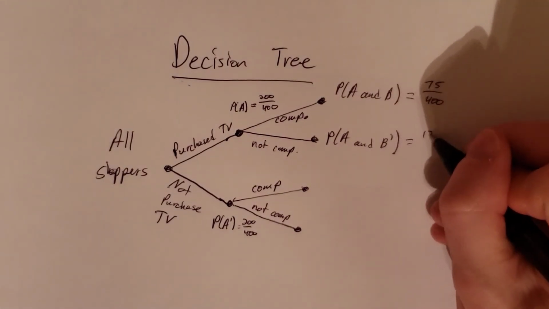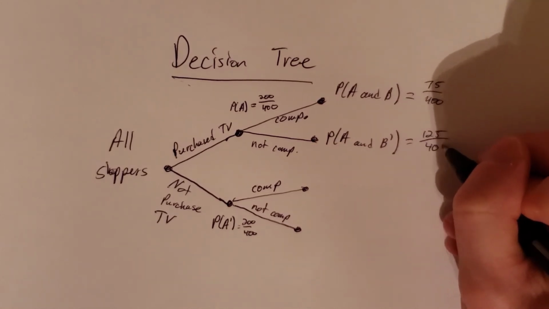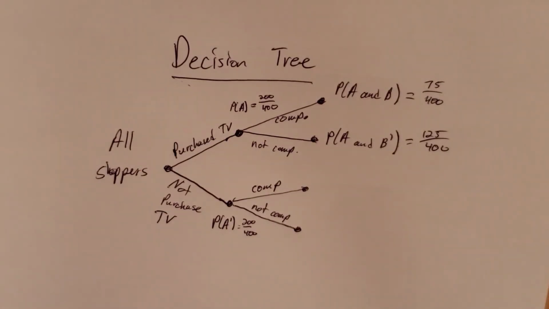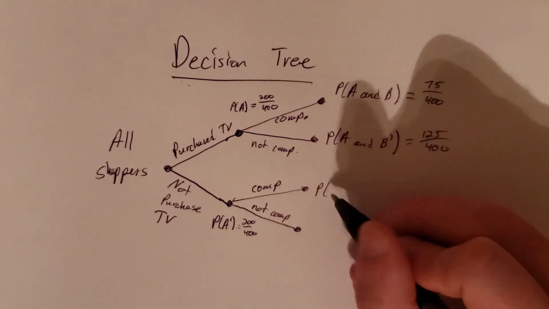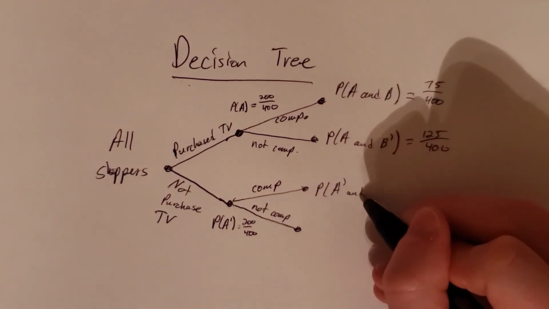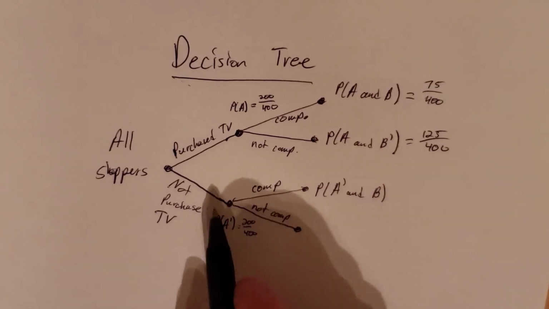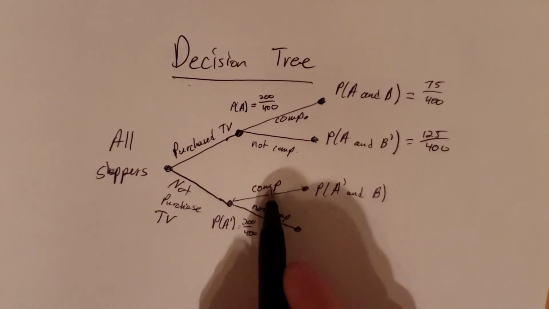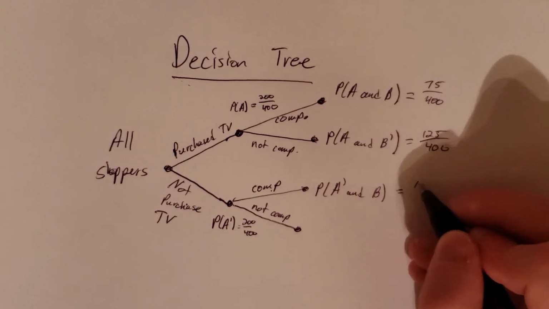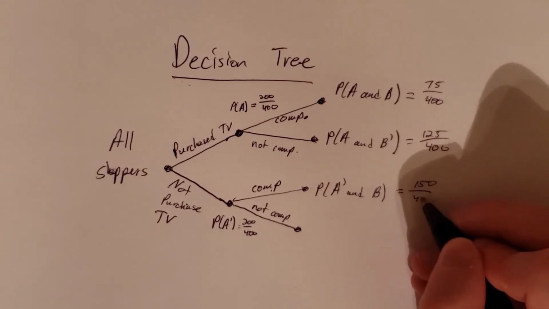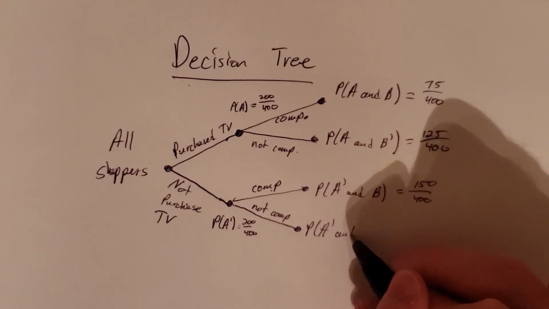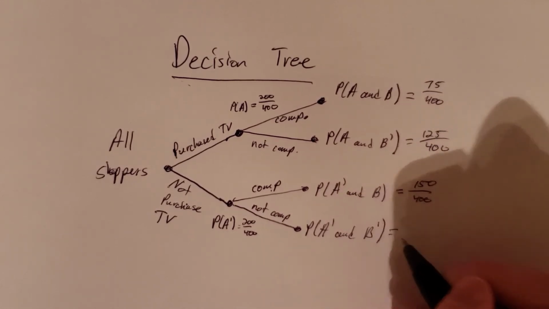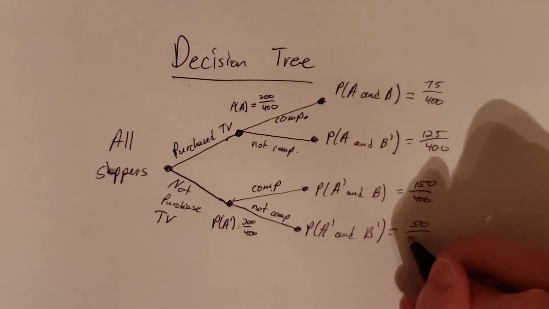That was 125 out of 400. And then probability of A prime and B. This is did not purchase a TV, but did purchase a computer. 150 out of 400. And this is probability of A prime and B prime, which is 50 out of 400.